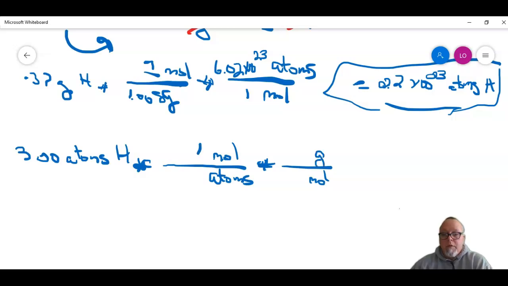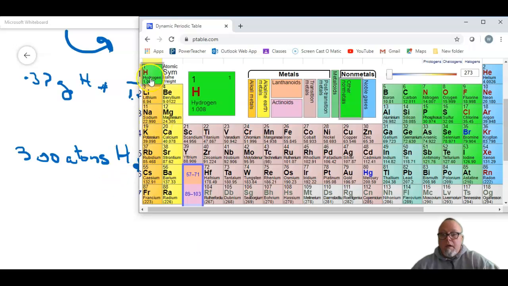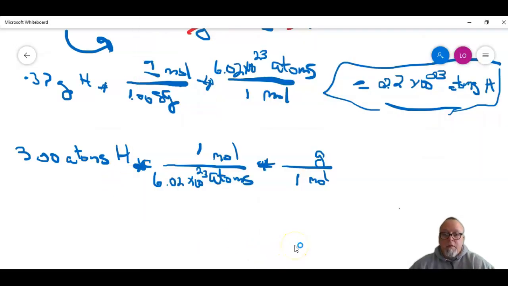So 1 mole is always equal to 6.02 times 10 to the 23rd atoms or molecules or whatever you're talking about. And 1 mole of hydrogen has how many grams? We just looked on the periodic table, and it was 1.008 grams.